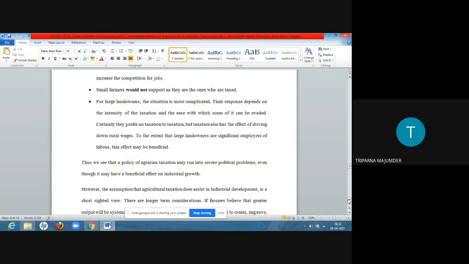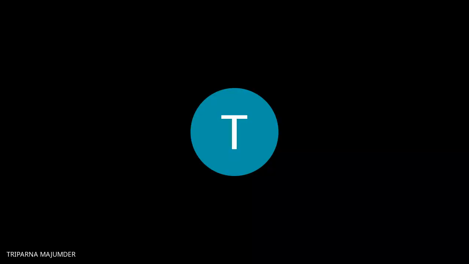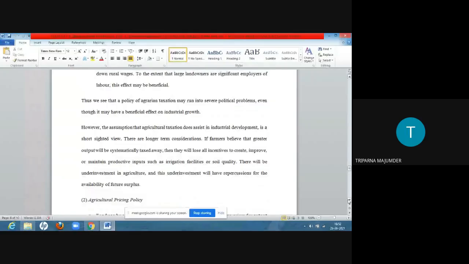Thus, we see that a policy of agrarian taxation may run into several severe political problems, even though it may have a beneficial effect on industry. However, the assumption that agricultural taxation does not assist in industrial development is a short-sighted view.